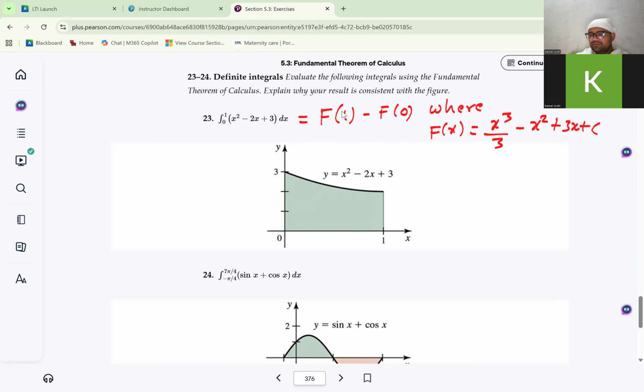Right? So if you plug that in here, you get 1 over 3 minus 1 plus 3. And then minus everything is 0, so minus 0, minus 0, minus 0. So minus 1 over 3 plus 2, that becomes 7 over 3.